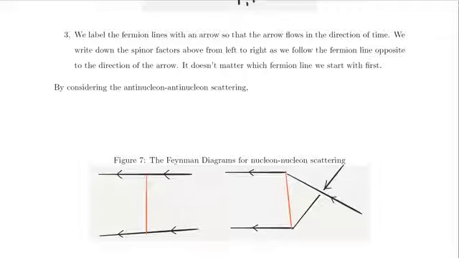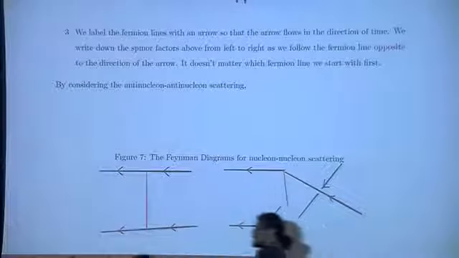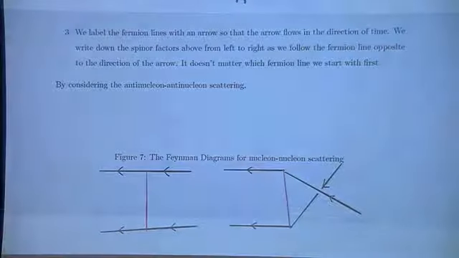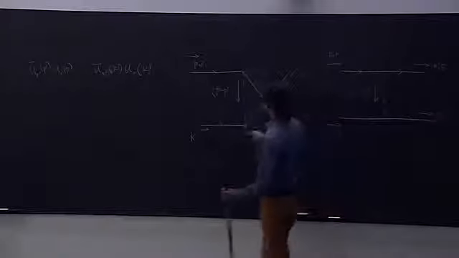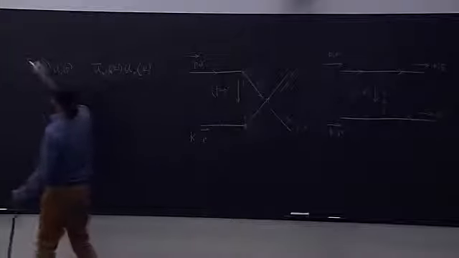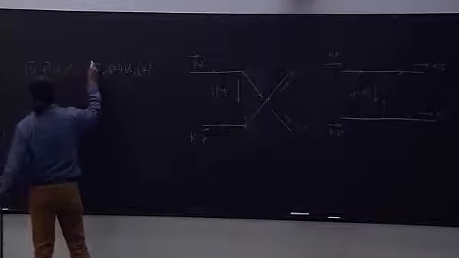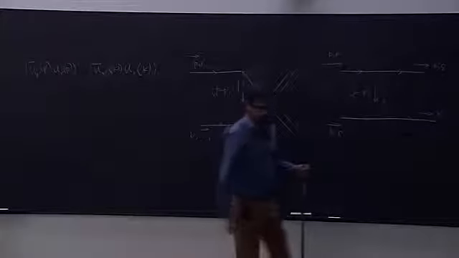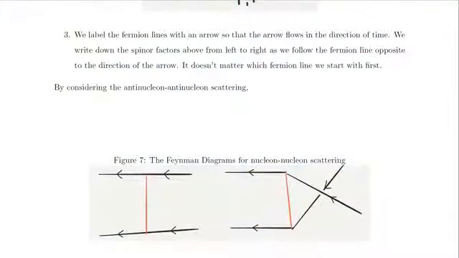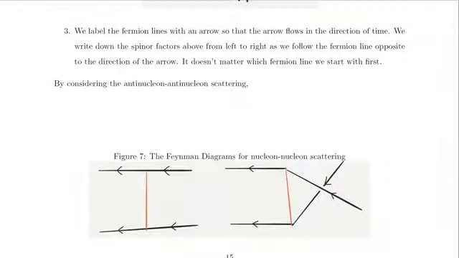It doesn't matter which fermion you start with. Here I started with this fermion line, but I could have started with this fermion line, and that's because this object is now a scalar. This object is also a scalar, so they commute. They are not matrices.